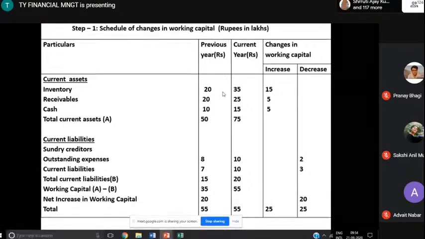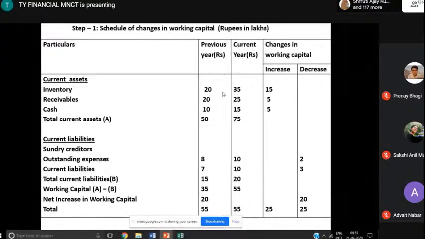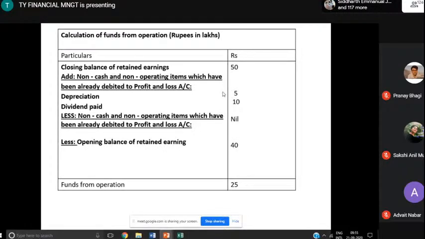Perfect. Any confusion regarding any calculation there? Let me know right now. Nothing. Which item is not there under current liabilities? Current liabilities. Thank you. Next, step 2.